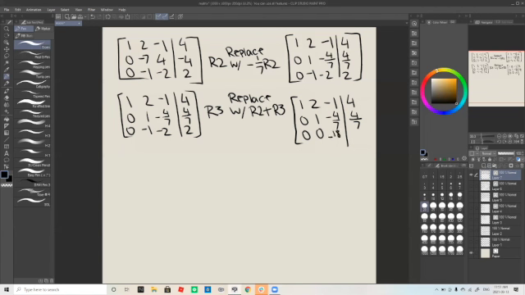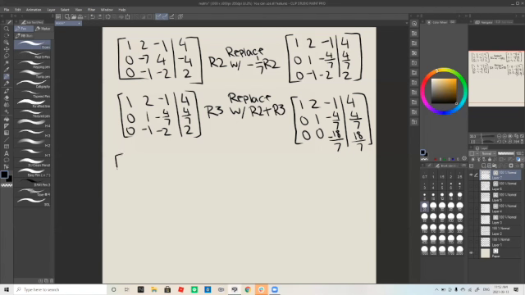So now this becomes 18. And this becomes 18/7. So this becomes -18/7, and now what we need to do is we need this 18/7 to be 1.